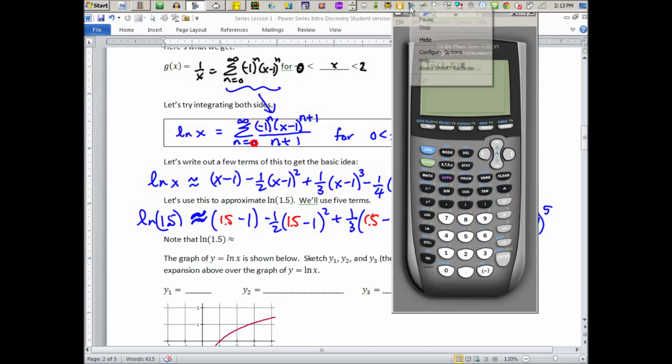Alright, so first let's go ahead and find ln of 1.5. Okay, so here we go. 0.40546, yada yada. Okay, now let's go ahead and try our power series.